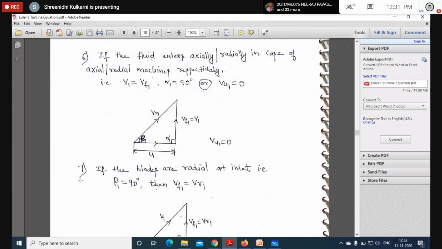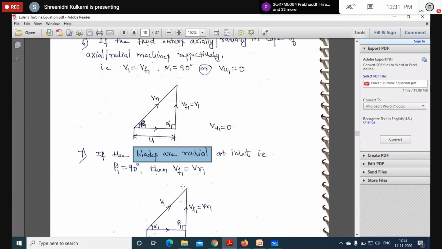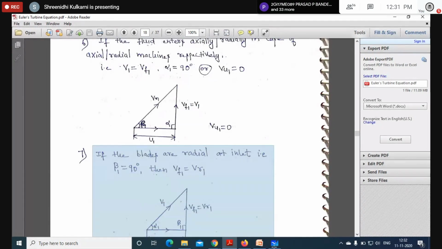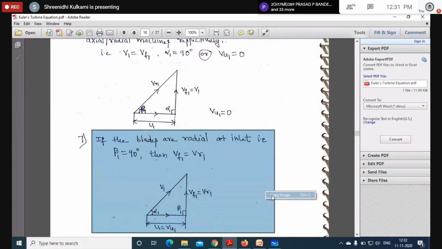Now my question is, what does it mean when the blades are radial? See, the blades being radial is nothing but, I'll take this condition.